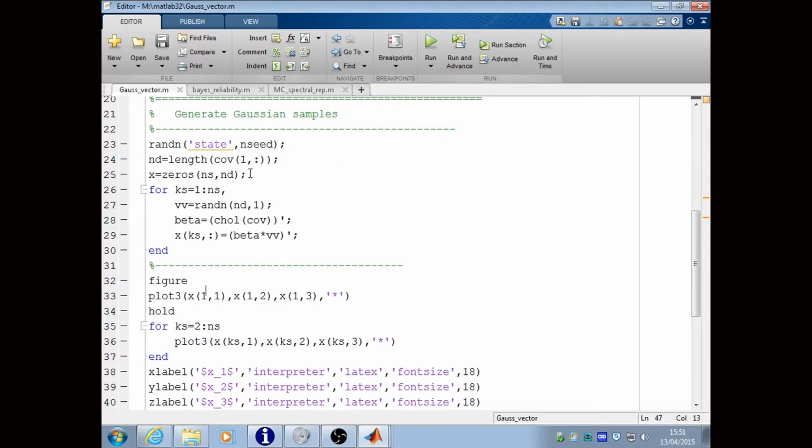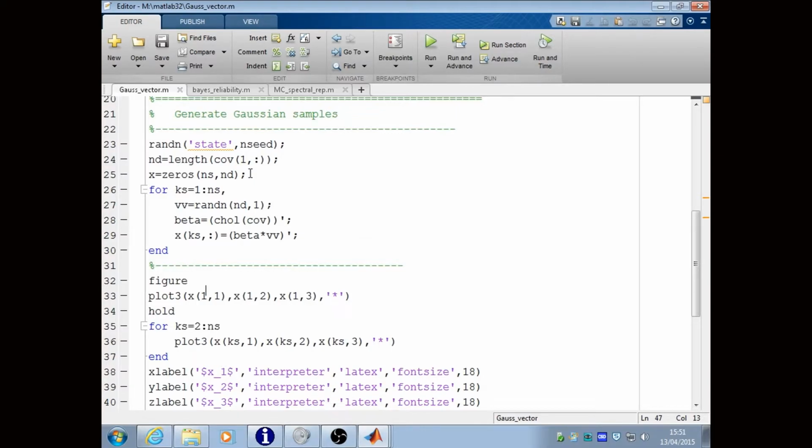And then I just initialize this vector, which is going to collect all the samples of vector x. So in our case, this x is going to be something like this: 3 in this direction, because it's a 3-dimensional vector, and in this direction the number of samples, whatever number of samples we input.